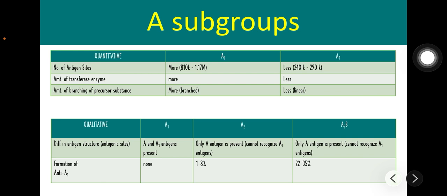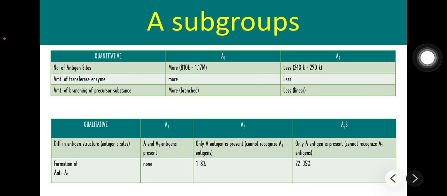The amount of transferase enzyme: A1 contains more of it, while A2 contains less. And then the amount of branching of the precursor substance: A1 is more branched, and A2 is linear.